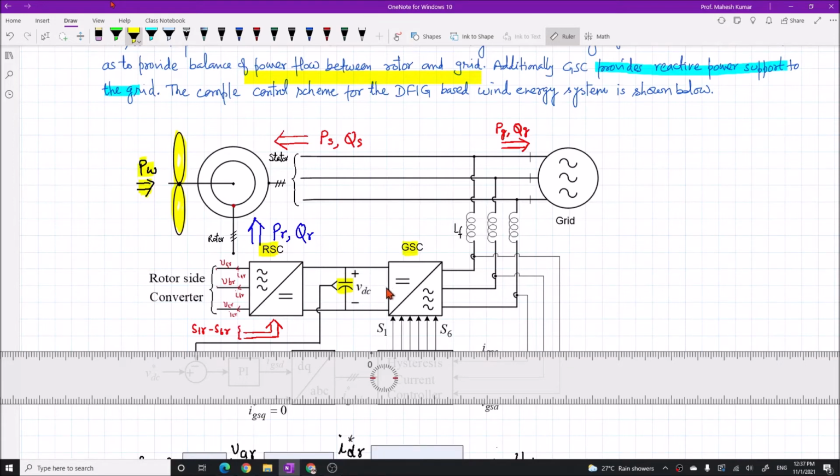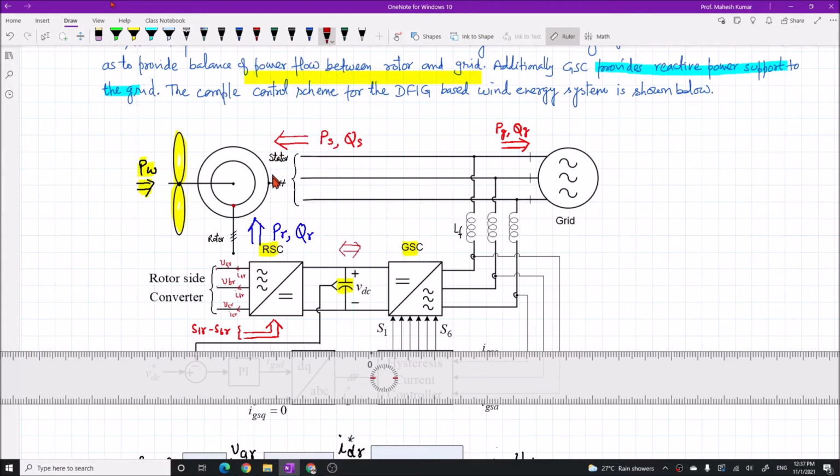Okay, the power flow happens in either direction. The power may flow from this to this, as we have explained earlier, or from this to this through the DC link. The power which is fed to the rotor is PR and QR, as I have shown. For this combination of voltages and currents, it forms certain power, and these powers are PR and QR, as you can see here.